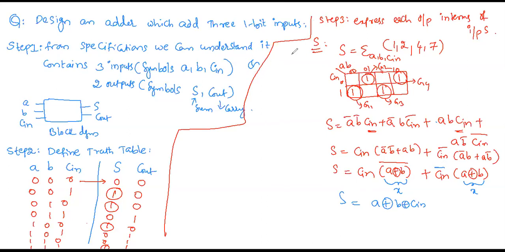Now next, carry C out. First, express it in standard SOP form. Wherever it is 1, write the equivalent input: 3, 5, 6, 7.